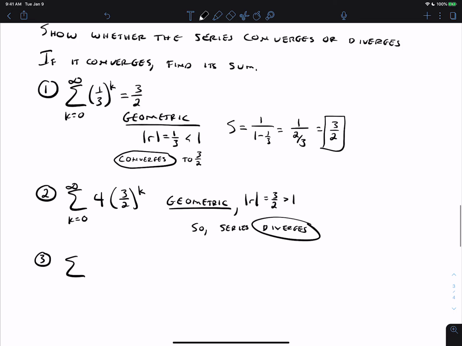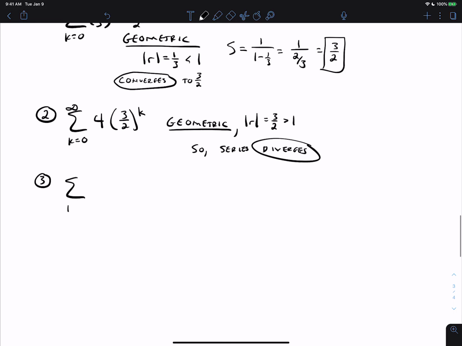So number 3, again, directions show whether the series converges or diverges. If it converges, find its sum. So let's look at the sum k equals 0 to infinity of 8 times 1/2 to the k. So we say, okay, this is geometric. The absolute value of R is 1/2, which is less than 1.